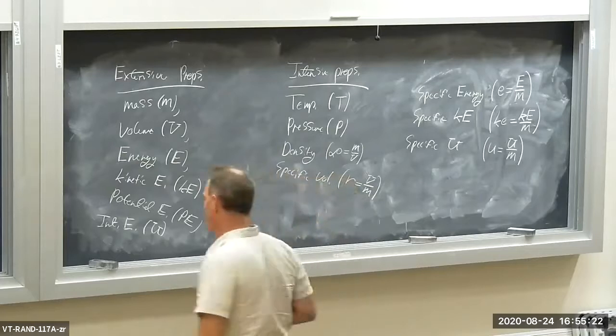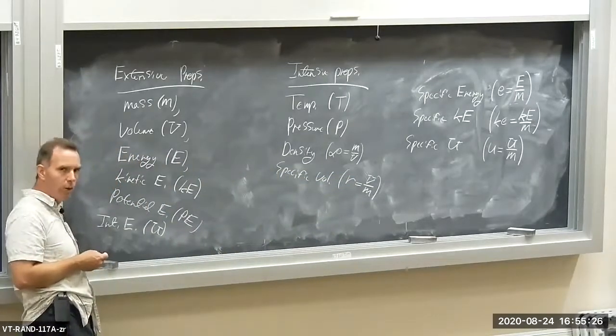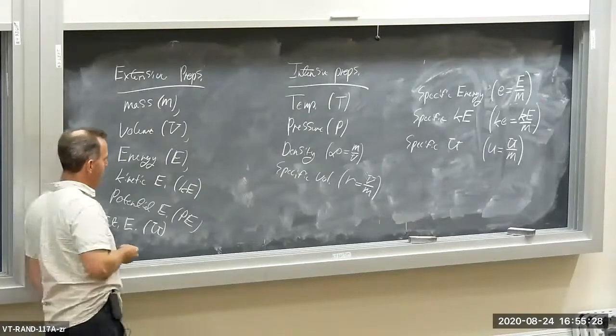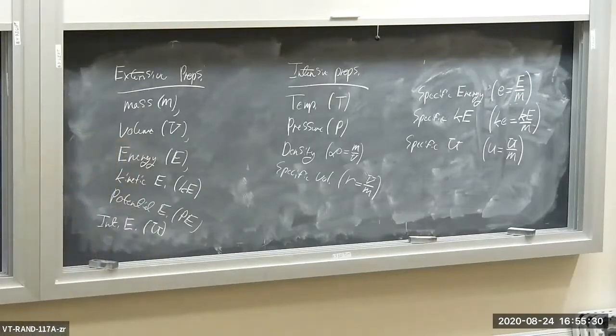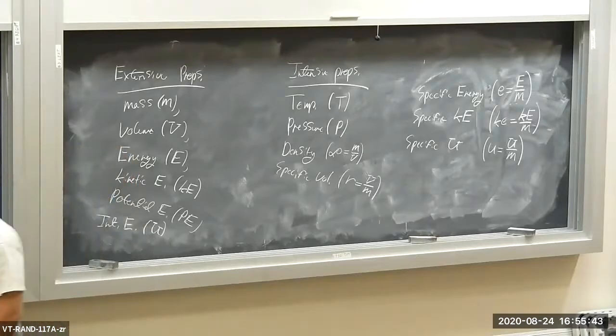Divide it by mass, and you get lowercase e, or specific total energy. So this is one rule. Specific anything is that thing divided by mass.